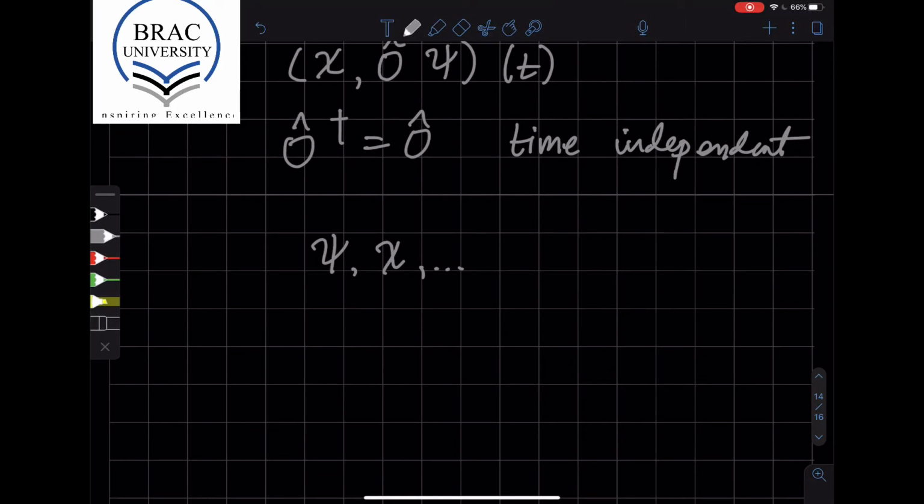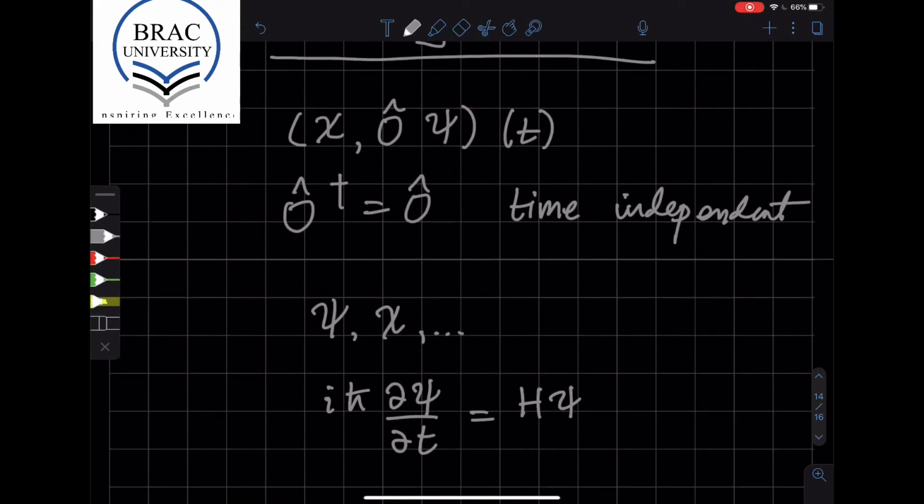And the time evolution of these wave functions is given by the time dependent Schrödinger equation, which is written like this. So now if I look at this object, which is an inner product that depends on time, we can figure out another way of formulating quantum mechanics.